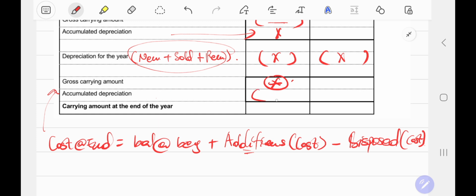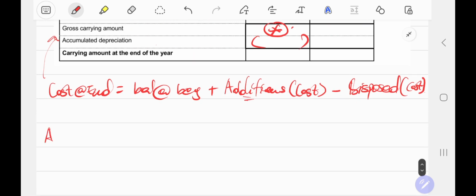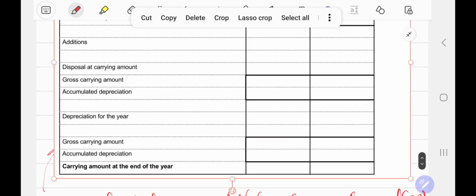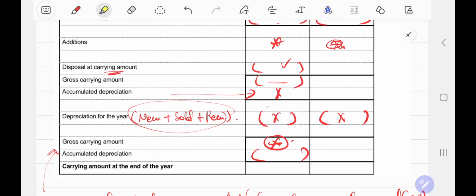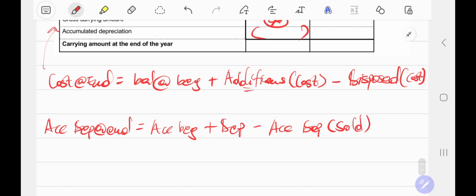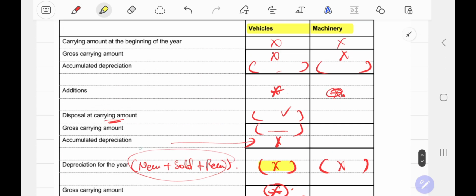And then for accumulated depreciation, which is this one, to get the accumulated depreciation at the end, it's very simple as well. You take the accumulated depreciation at the beginning plus the depreciation for the year, which is this amount that you calculated, and then you'll minus the accumulated depreciation of the asset that you are selling, or the asset that is being disposed, which is this accumulated depreciation that you would have recorded here, this amount, you see.